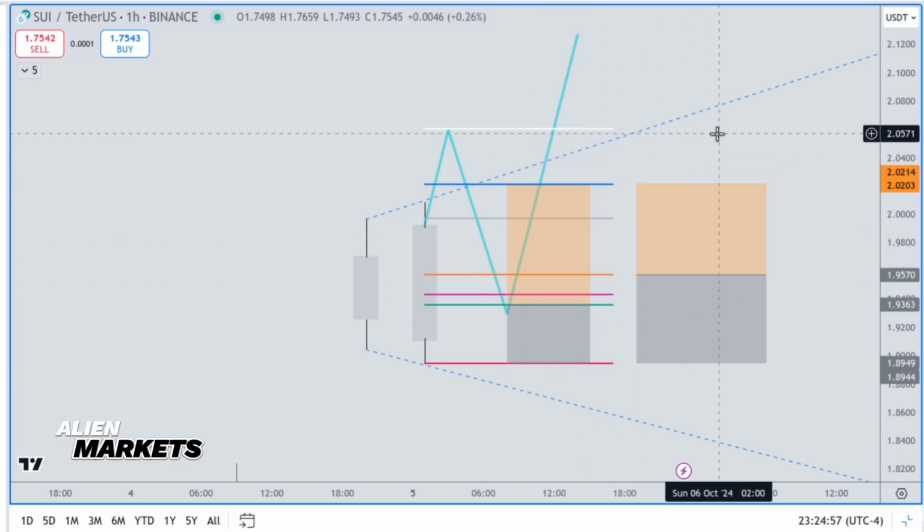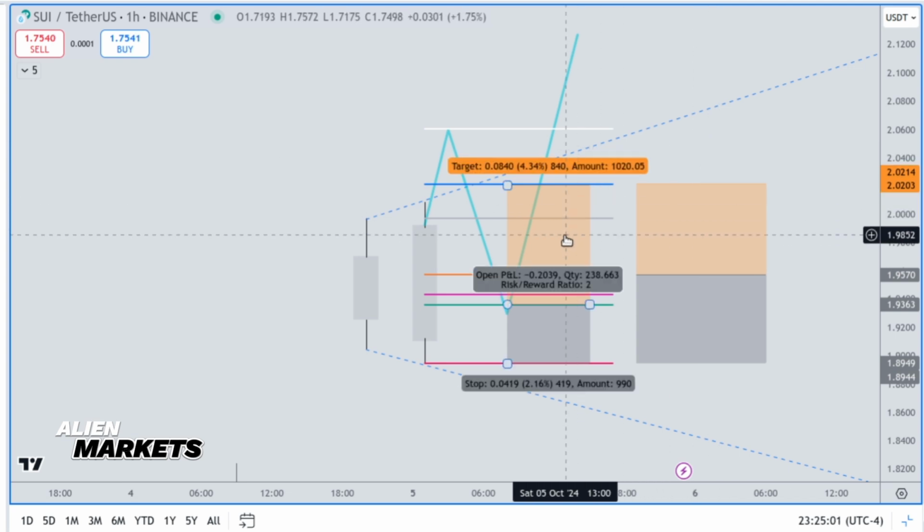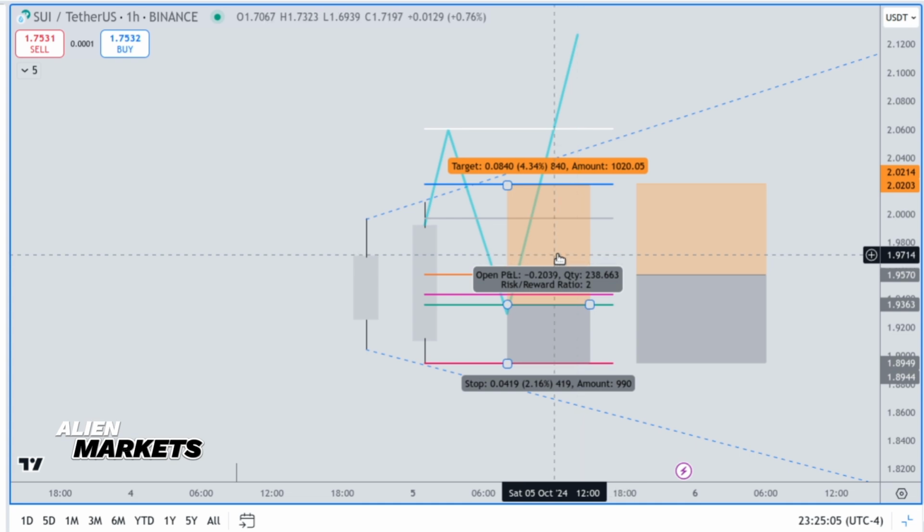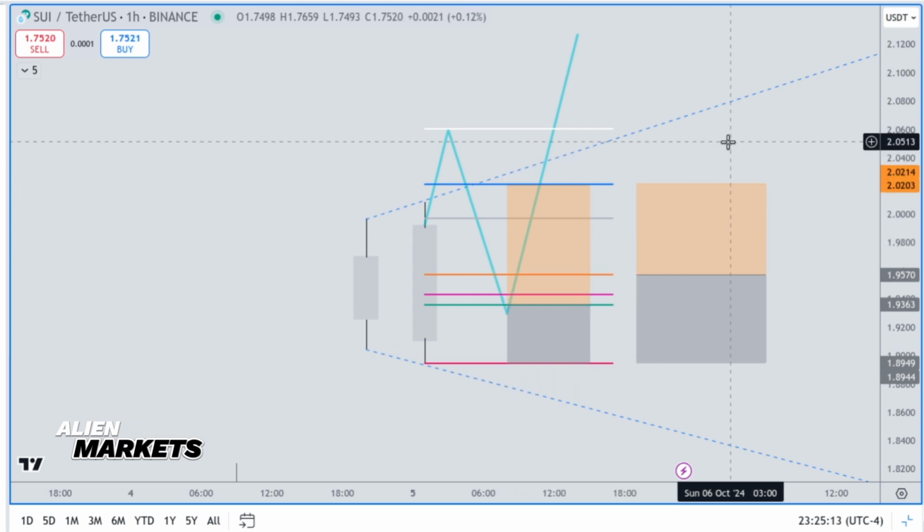So I can fail many times and still be profitable, because having a 2 RR risk to reward, I only have to win 4 trades out of 10 in order to be profitable, right?